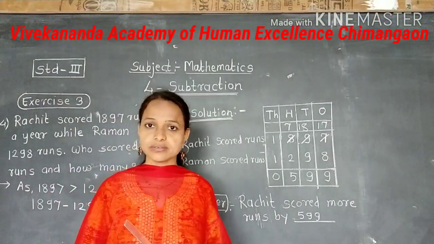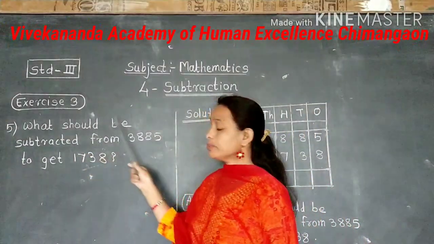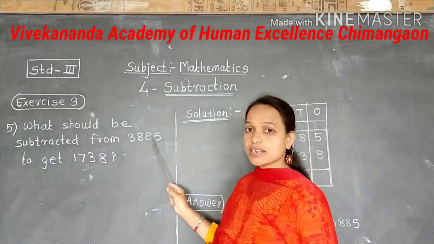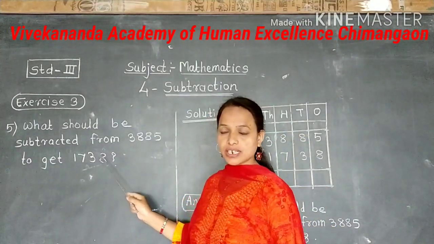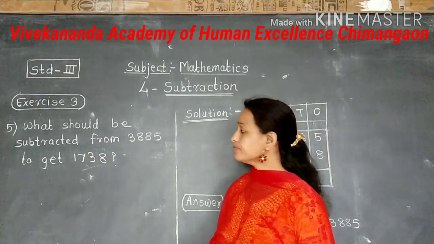Understood how to solve it? Next word problem. What should be subtracted from 3885 to get 1738? Read it again.